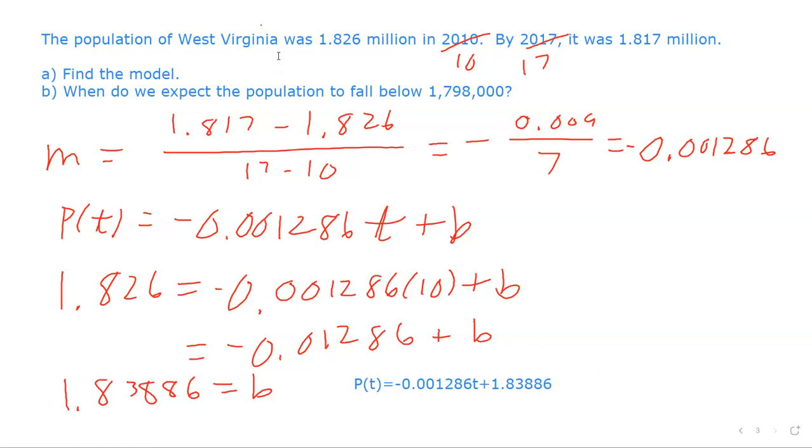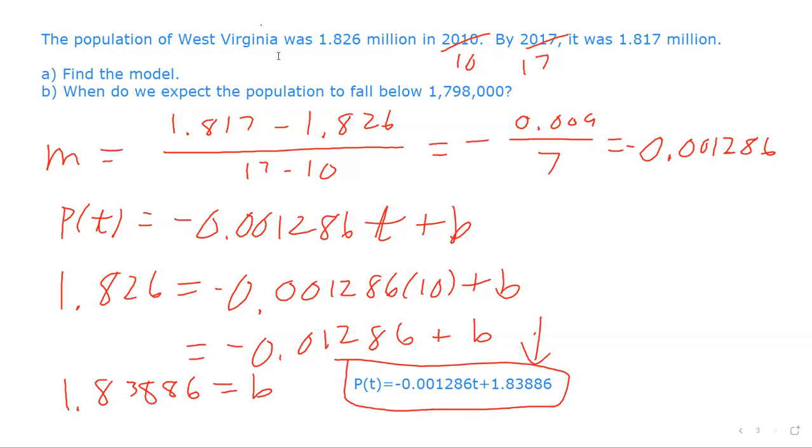Okay. So thinking about what all this means, since our T was years since 2000, in the year 2000, there were 1.83886 million residents of West Virginia.